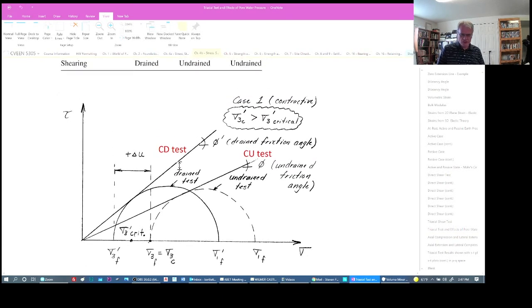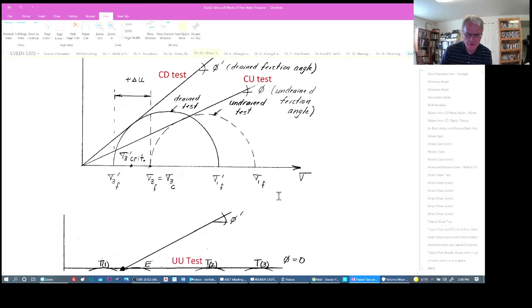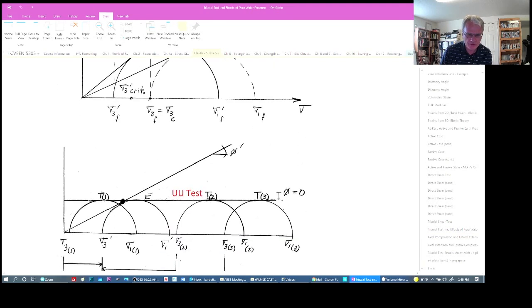So this tells us that soils are stronger when the pore pressures can dissipate. When they can't dissipate, they have a lower friction angle. And notice this is not primed, meaning that this test was done undrained. Okay, so that's how we can interpret that from the Mohr circles at failure.